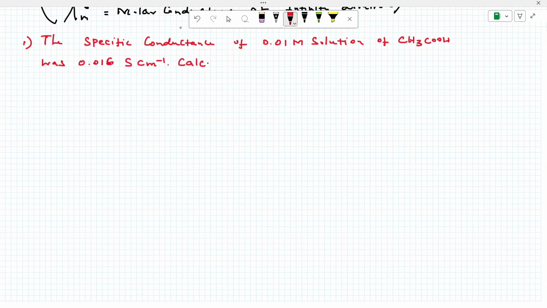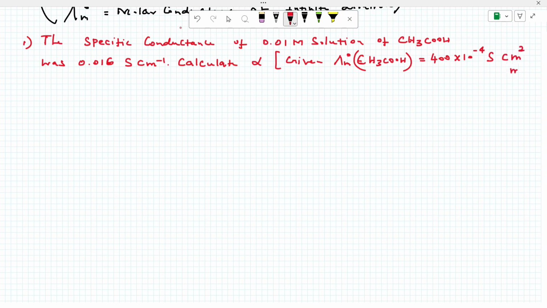Calculate the alpha value. What is given? The lambda m naught value of acetic acid is around 400 into 10 power minus 4 Siemens centimeter square per mole inverse.